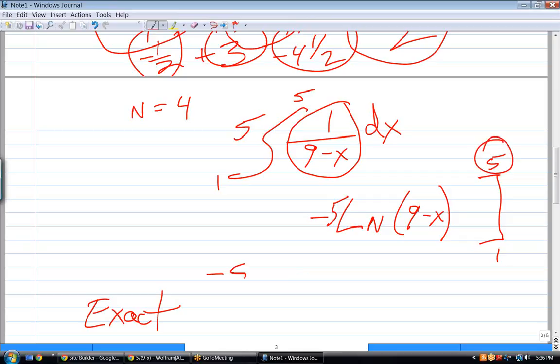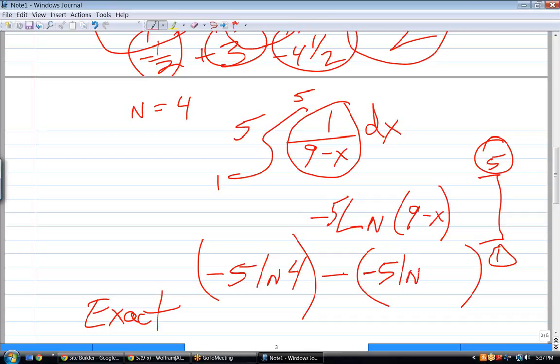So we get minus 5 natural log of 4. And then the next step is to subtract everything that you get when you substitute the bottom number in. Well, that is minus 5 natural log of 8.